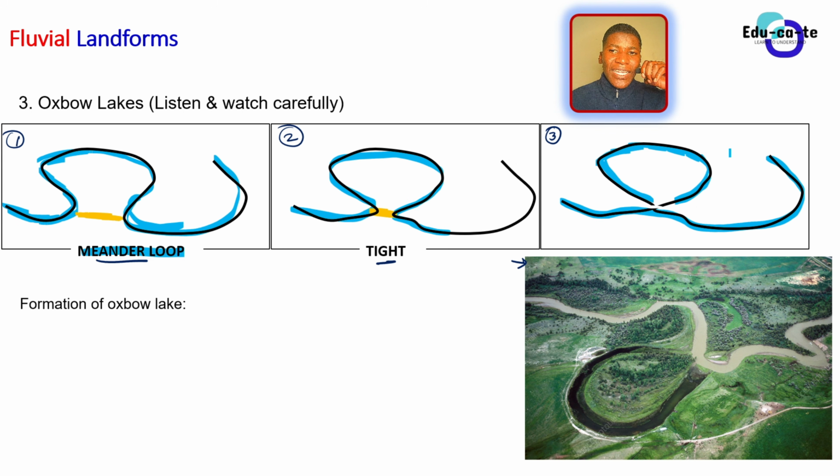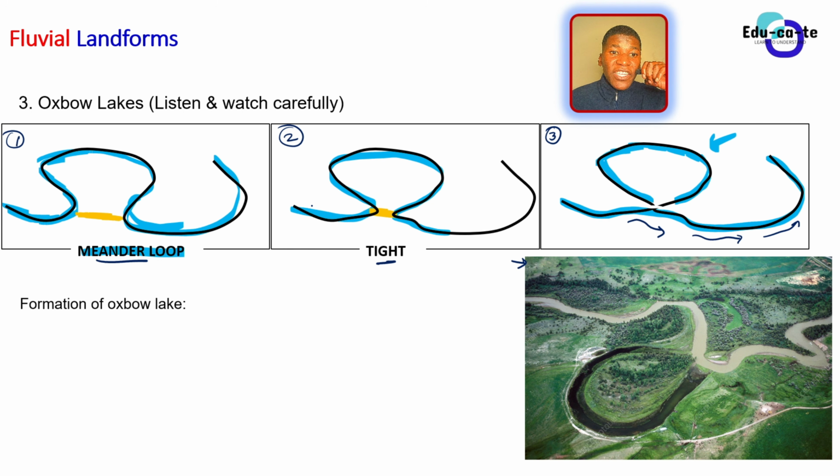So this small part that has been cut off from a meander is known as an oxbow lake. An oxbow lake was a meander, just a bend of a river, but that bend became tighter and tighter, such that the water ended up not moving towards the bend. The water ended up just moving straight, ignoring going around the bend.